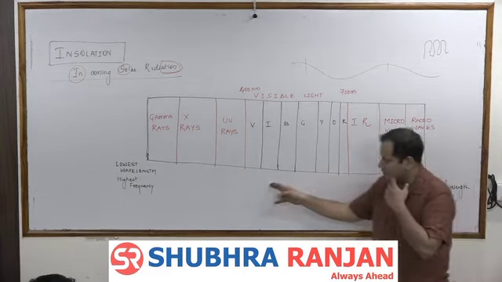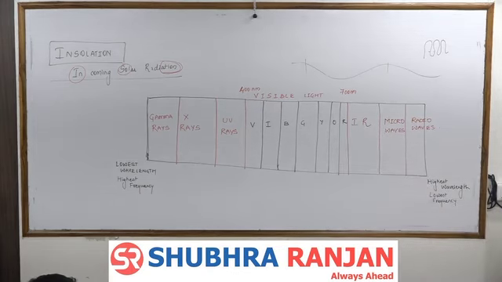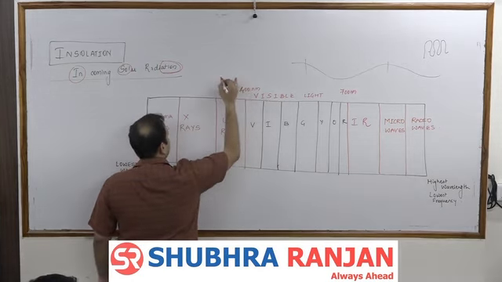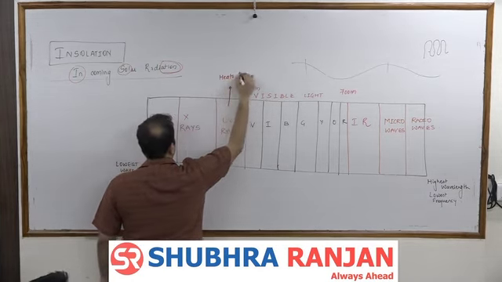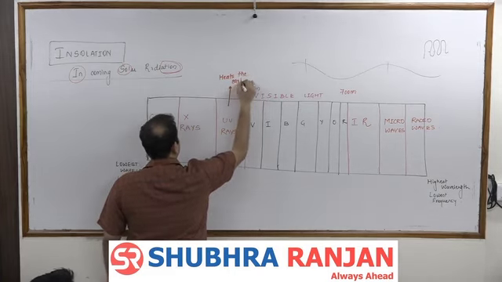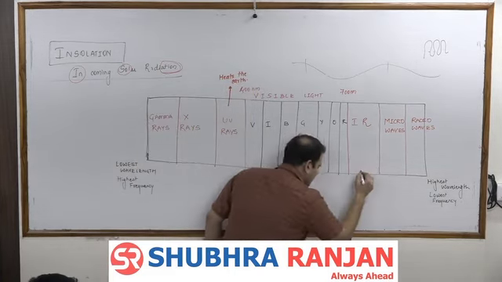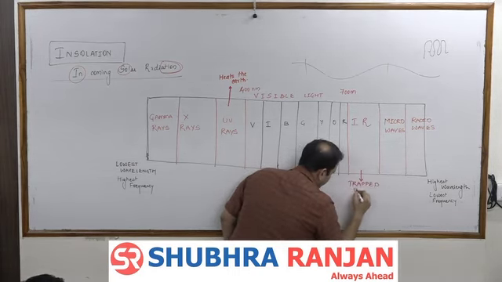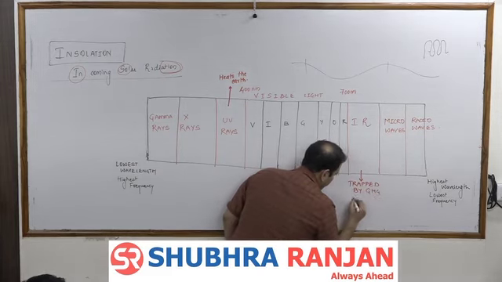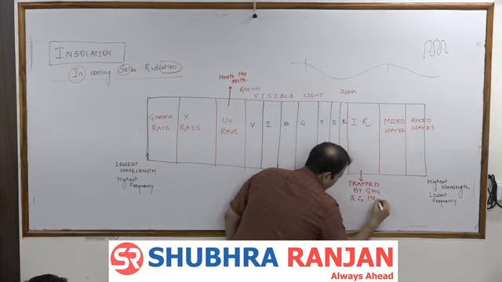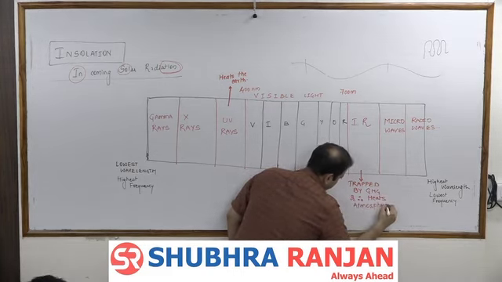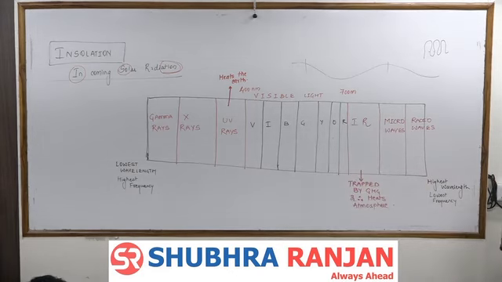Only this is visible to the human eyes. Out of all this, it is generally the infrared waves which are trapped by the greenhouse gases.